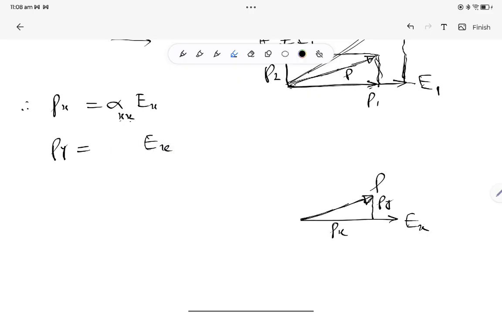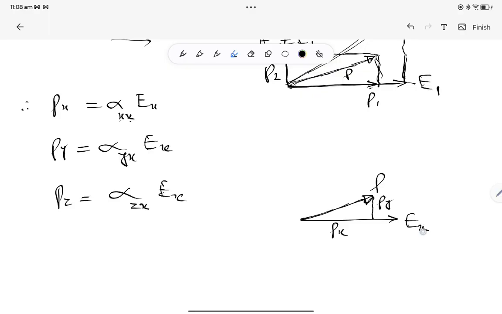And the constant of proportionality has a different value, so we cannot represent it by xx. We have to write it yx. Why? Because this x, because of this. And then Pz is equal to, again, if it has a z component, then it is Ex, again due to Ex, and then it has alpha zx. So these are the components of polarization.